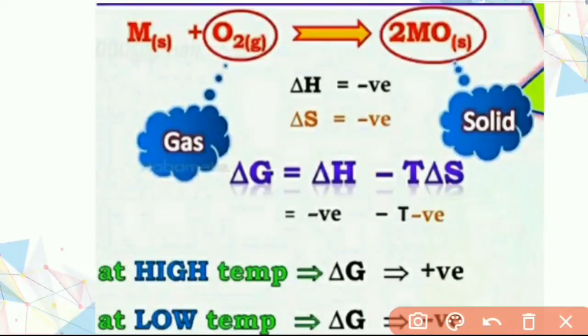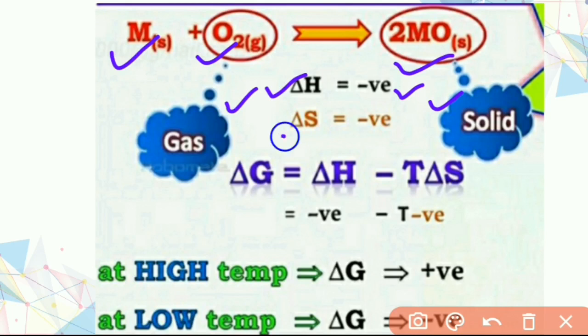See the thermodynamic relation for the formation of metal oxide. When metal combines with oxygen, it forms the metal oxide, and during the formation energy is released. So ΔH becomes negative because energy is released from the system, and the oxygen becomes solid, so randomness also decreases.